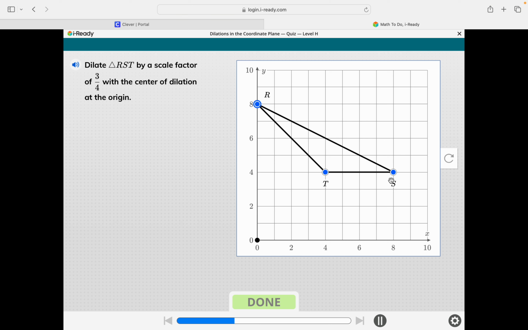So we multiply to make S prime. S prime equals 8 times 3/4, which is 8 over 1 times 3 over 4. We can cross-cancel 4 into 8 gives 2, because it's multiplication. 2 times 3 is 6 over 1, which is 6.